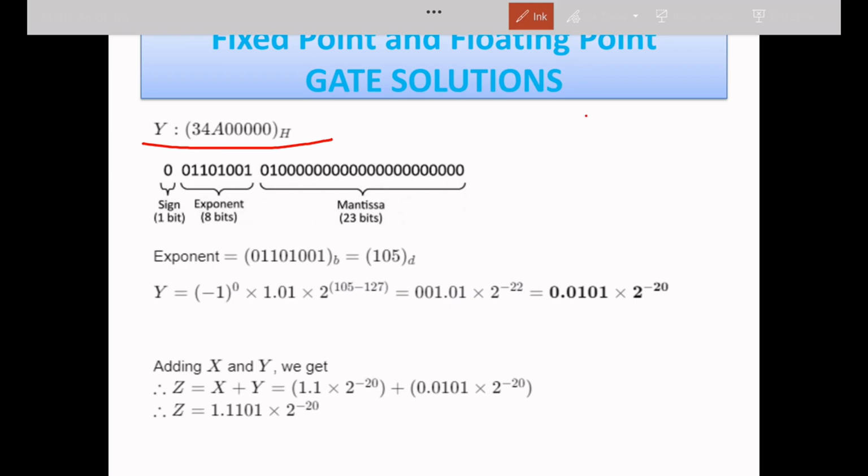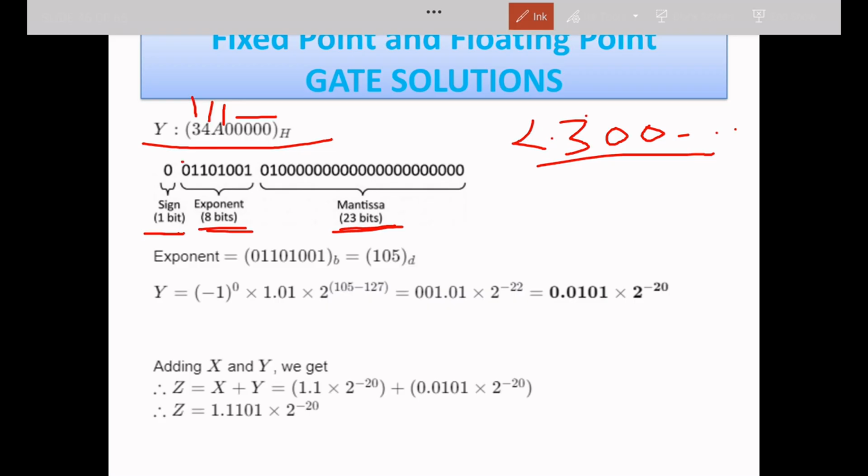I convert this 3 to binary form, this 4 to binary form, this 8 to binary form, and the remaining are 5 zeros. After the decimal point I can add many zeros, infinite zeros, so no meaning. We add all the zeros because we want a total of 23 bits. This is the mantissa, the exponent is 8 bits and 1 bit is the sign.